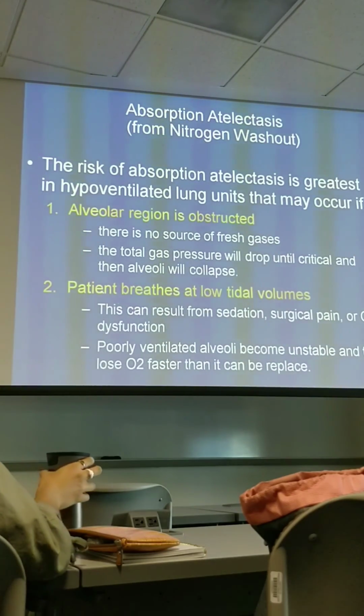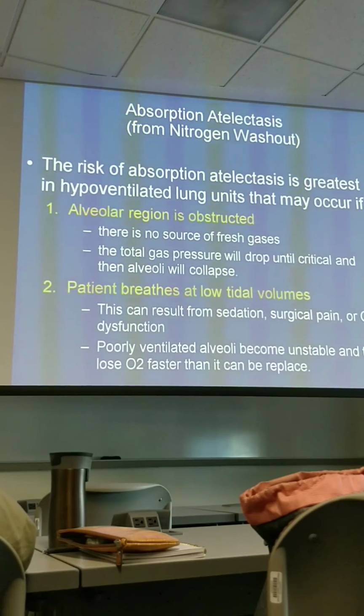And patients breathing at small lung volumes. So when would you breathe at small lung volumes? We're looking at whether something is suppressing your drive to breathe. So what could suppress your drive to breathe? Sedation, pain.